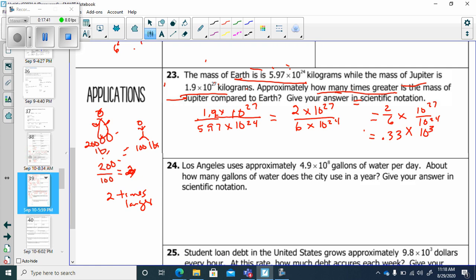Now, is that in scientific notation? No, we need to move this decimal one place, don't we? So it would be 3.3 times 10 to the, and we moved it one place right.